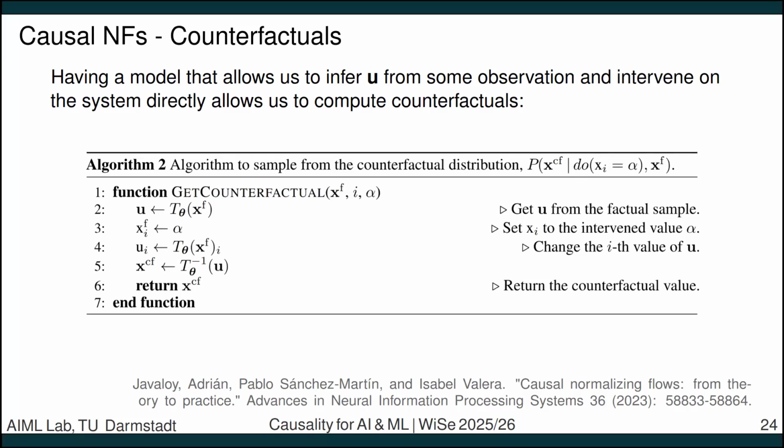And here there's a particular thing with normalizing flows: they assume that we have the full observations. Standard counterfactuals would also work for partial observations, but normalizing flows always need the full observation.